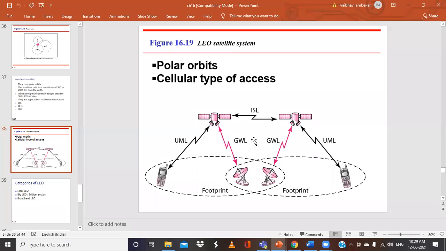And we also have something called the GWL. So these are called the footprint or line of sight that we can have.